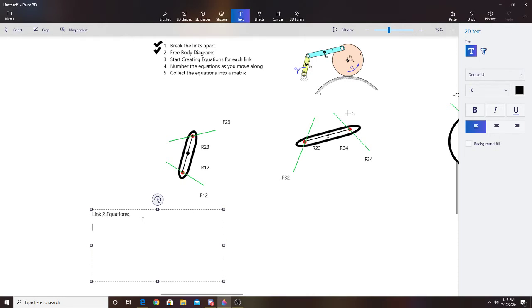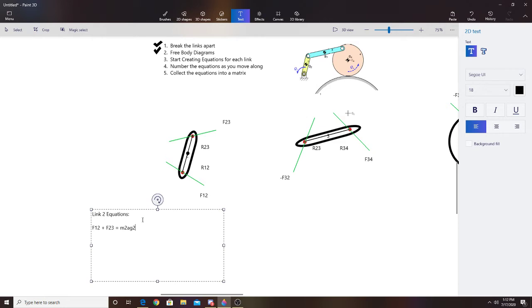So link 2 equations. Our total force equation will be F12 plus F23 equals M2AG2, right? Oh, I always do this, M2AG2, because it's the mass of 2, because the masses aren't the same for each link. So you have to specify.